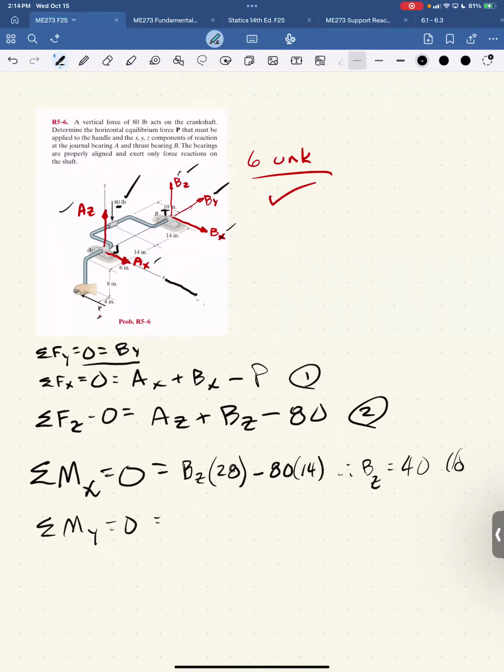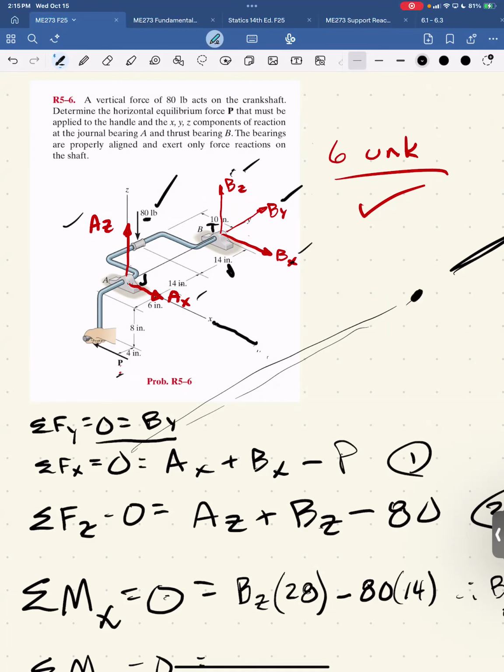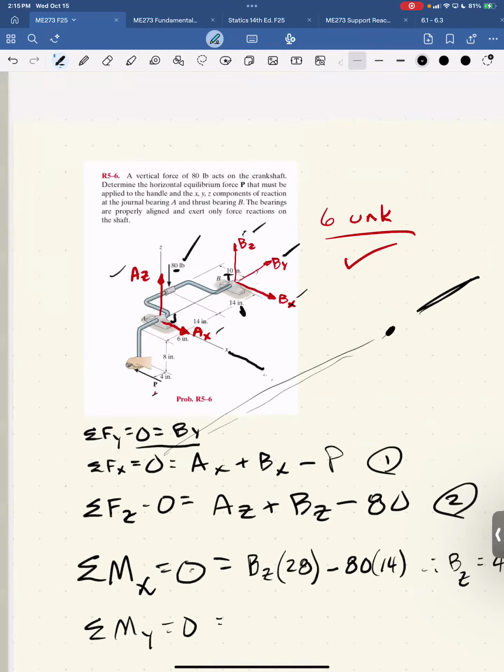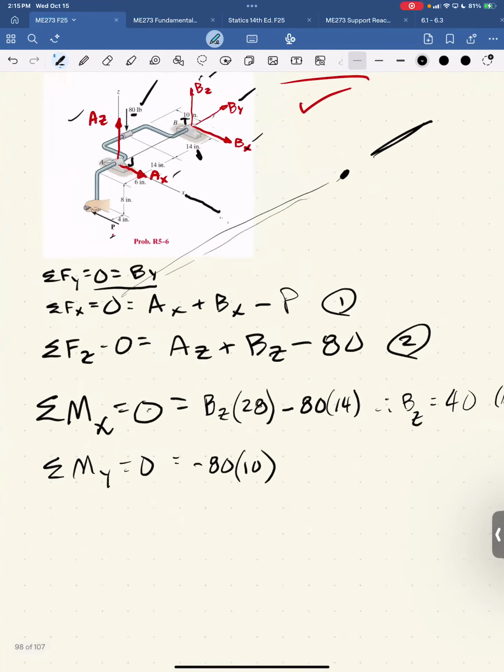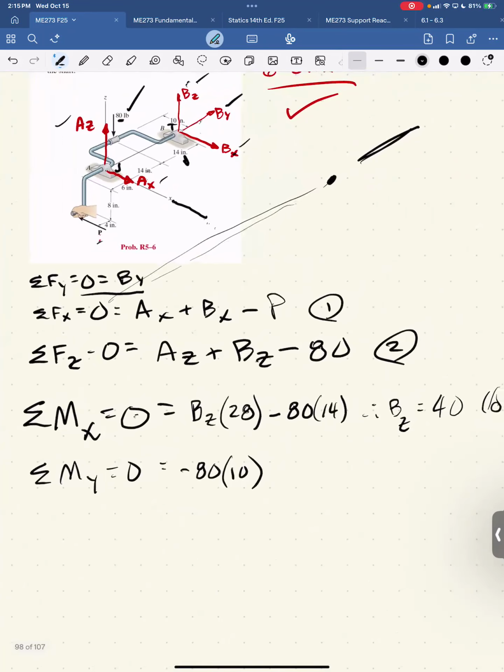So in some moments about Y, remember my eye is here, I'm looking back towards the axis, so it wants to go clockwise, so it's a negative moment. So minus 80. That's the hardest part, I think, is figuring out the signs of these moments. And then P, about the y-axis, do I have that backwards?